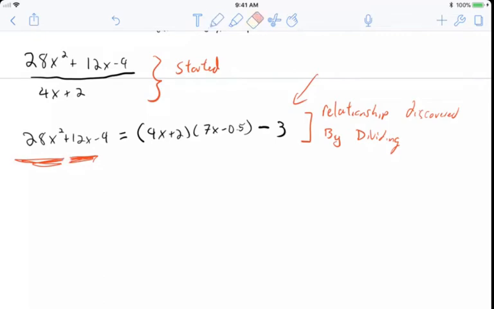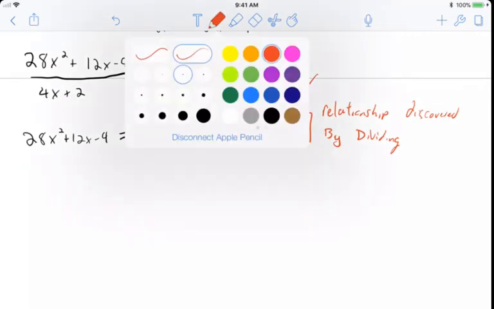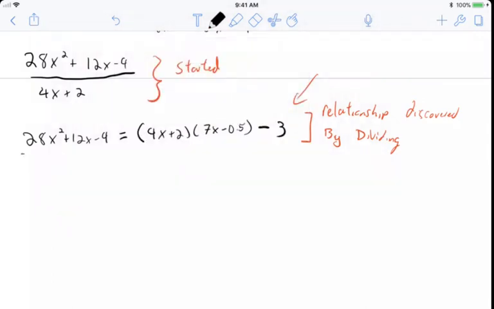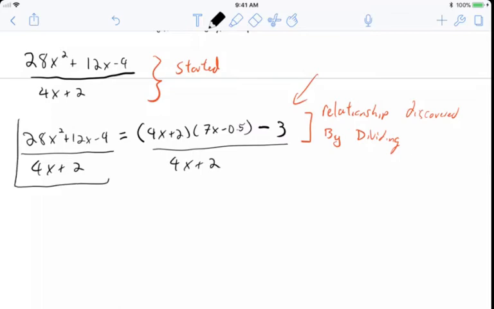So what I'm going to do is divide both sides by 4x plus 2. Now this expression is the same as the original one.